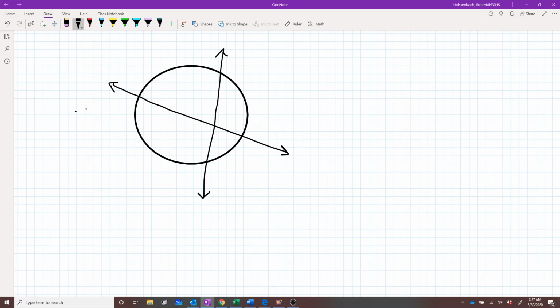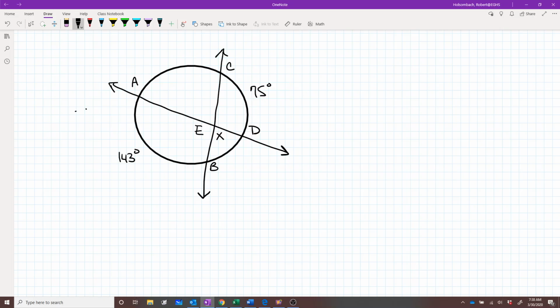Now we've got two secants intersecting inside of a circle, and they're intersecting at point E, and we've got points A, B, C, and D. Arc CD is 75 degrees. Arc AB is 143. And this is your angle X.